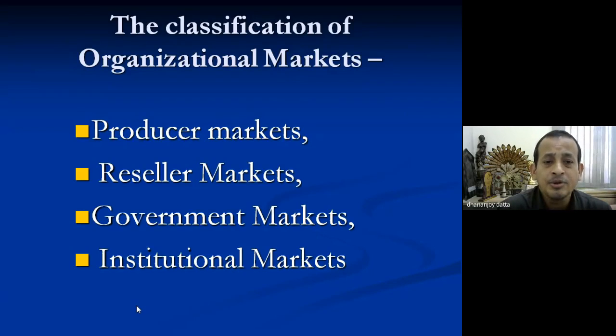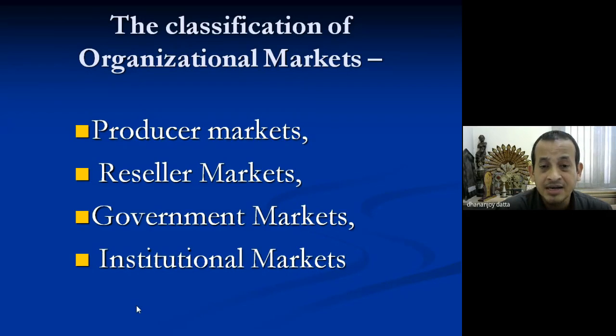Then next we'll talk about the reseller market. Reseller markets are markets where intermediaries just resell the goods and services to others. For example, wholesalers and retailers are examples of the reseller market.